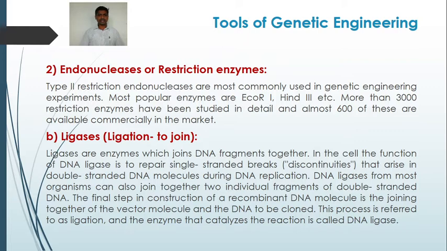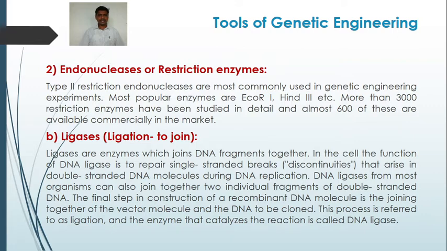To produce a recombinant DNA, during the construction of a recombinant DNA molecule, two fragments of DNA have to be joined to each other. This task is performed by the enzyme ligase.